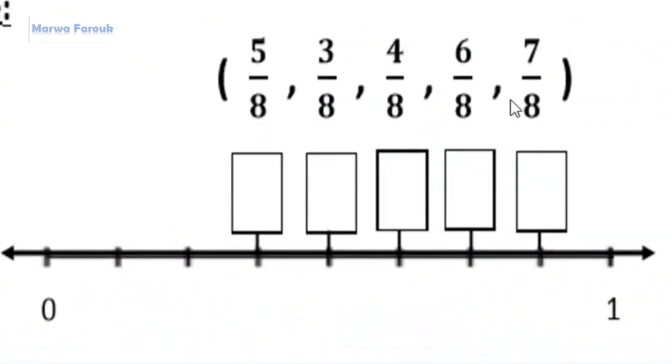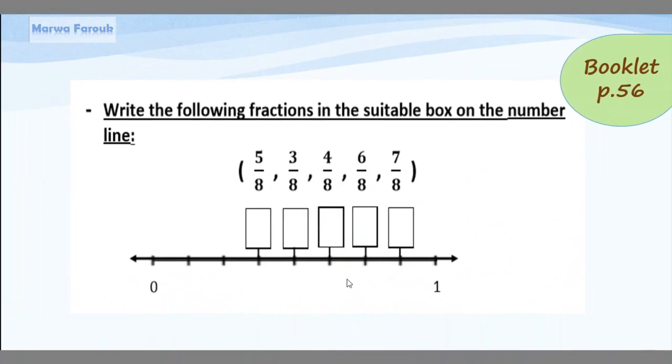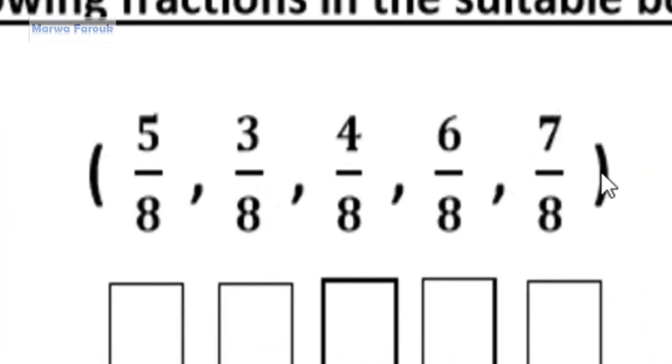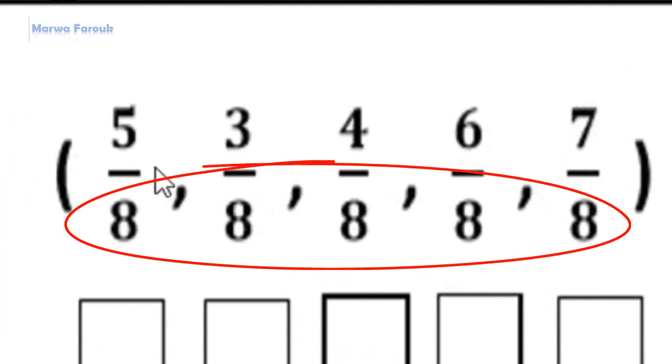Let's see another example. Here he gave me some fractions and he wants me to put these fractions on the number line. I have here 0 and 1 and I have to put all these fractions. From 0 to 1 we are going ascending or descending? We are going ascending. Excellent. So we have to arrange these fractions in ascending order. Here the denominators are all the same.